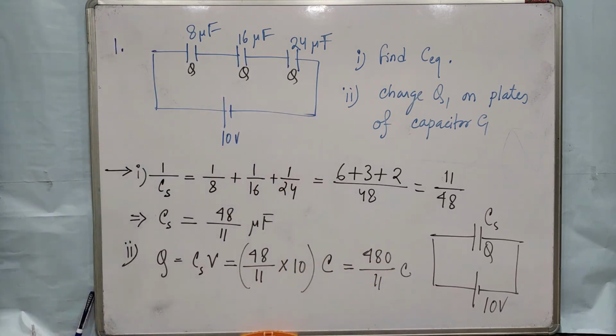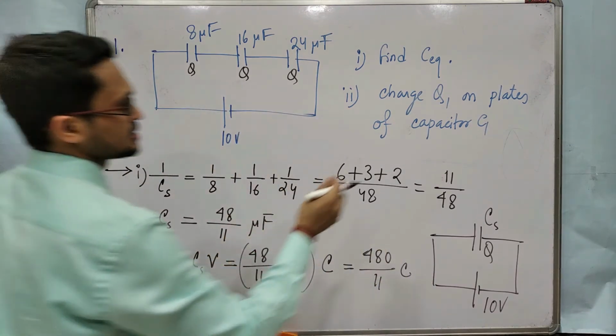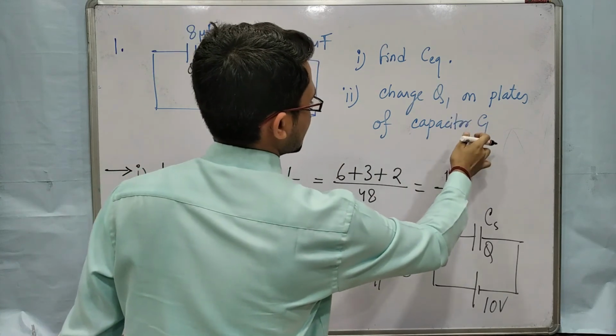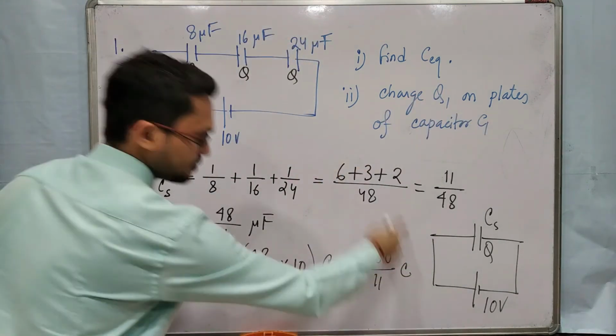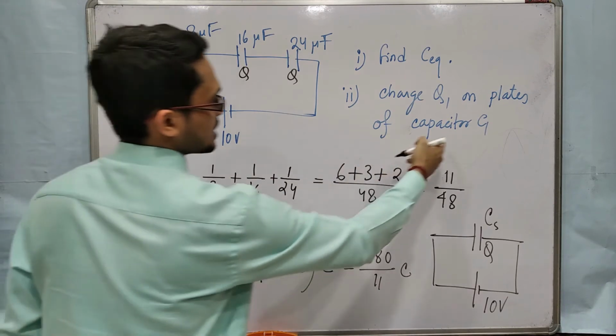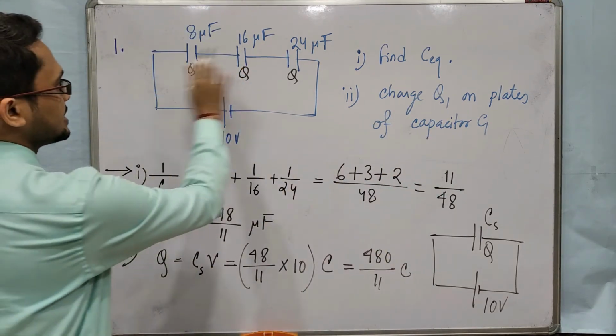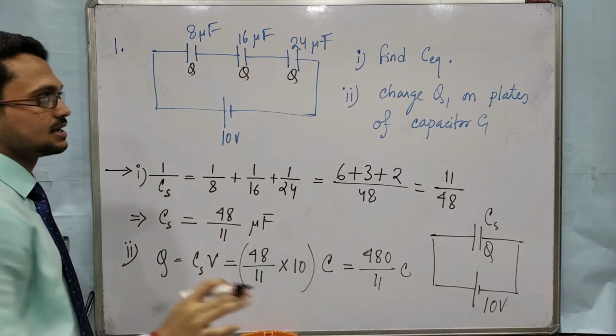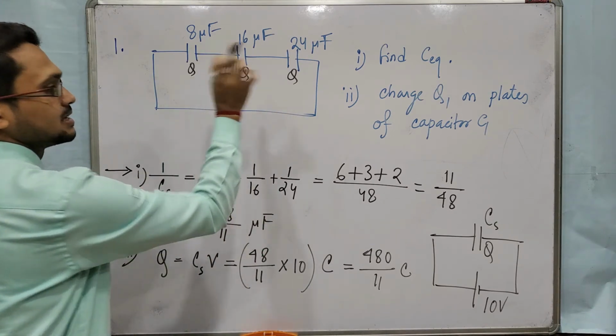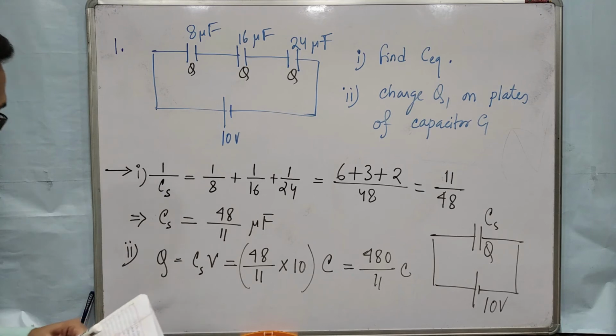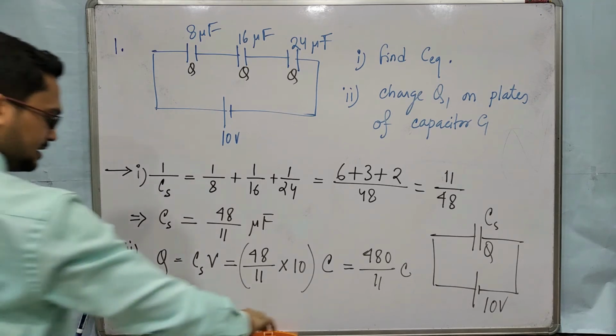Clear? If you are asked that find the charge on capacitor C2, then also this will be the answer. Charge on the capacitor C3, then also this will be the answer. Clear? So in series connection, charge remains constant on each capacitor. Clear this question?